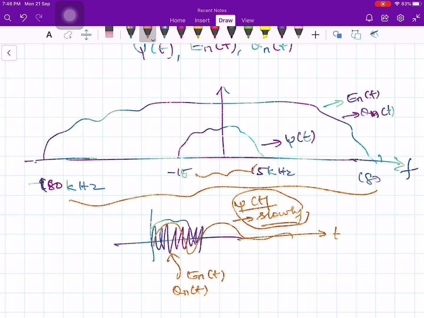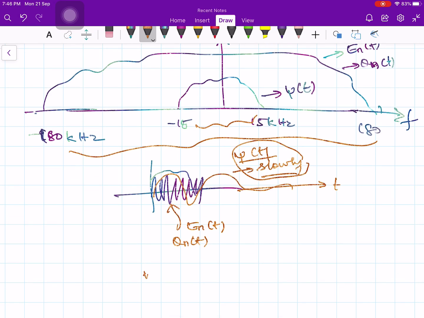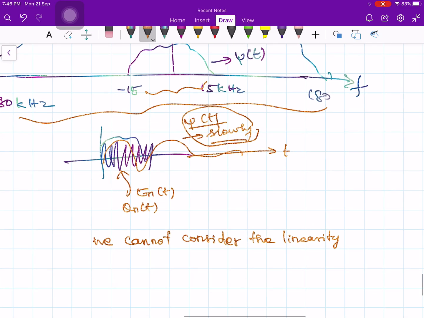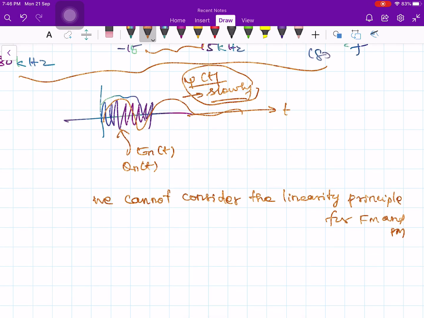Because AM systems use linear modulation, but here it is a non-linear system, so we cannot use the linearity principle, for FM and PM. Why? Because they are non-linear.